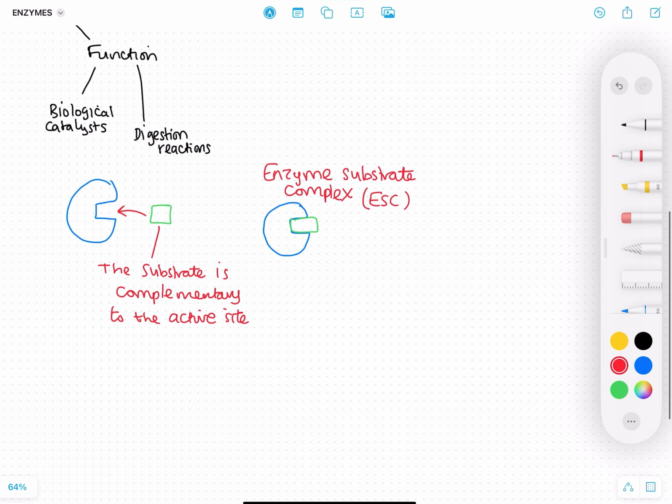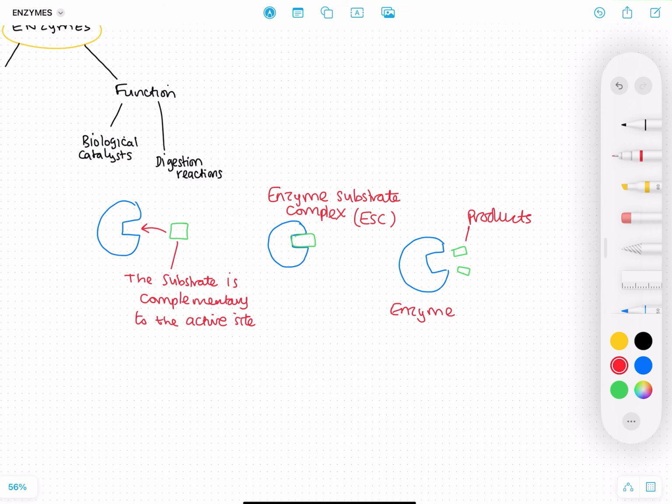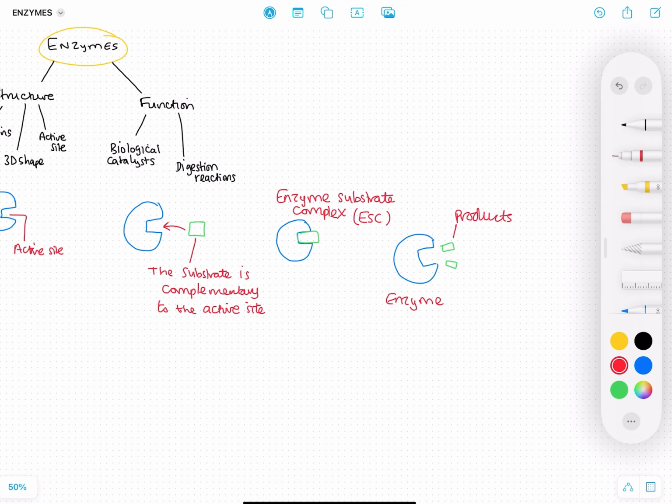The enzyme will then break the bonds in the substrate so that products are formed. The enzyme remains unchanged. The enzyme is not used up. So the enzyme can catalyze more reactions.